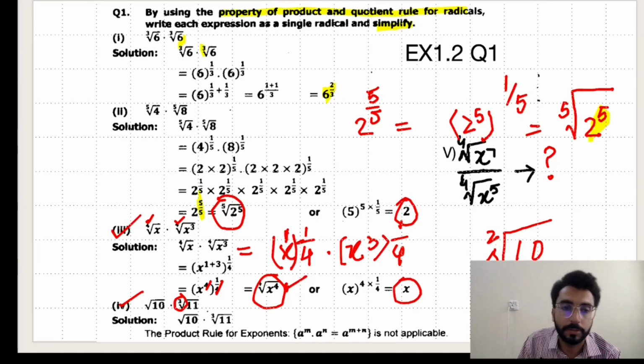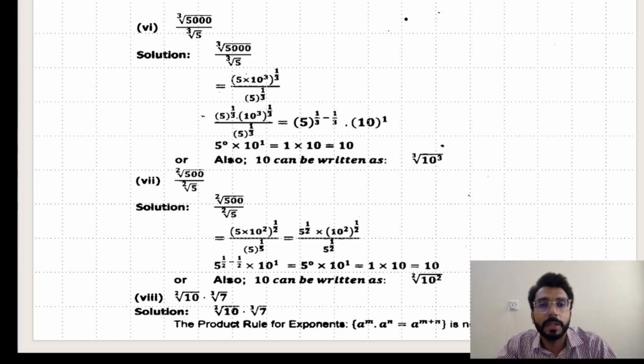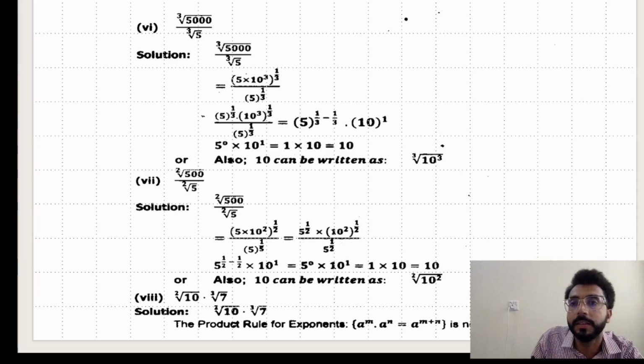For the fifth part, we will come back here. Let's move to part number 6. Part number 6 and 7 are our quotient rule. We have to apply the quotient rule. Quotient means the question is given in the form of division. The quotient form is given as just like you can say a over b.